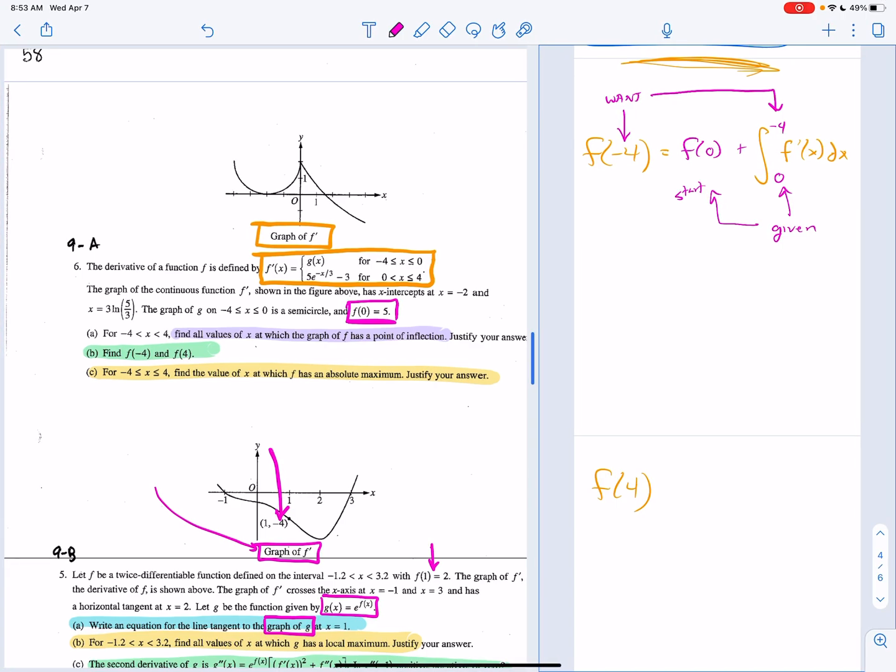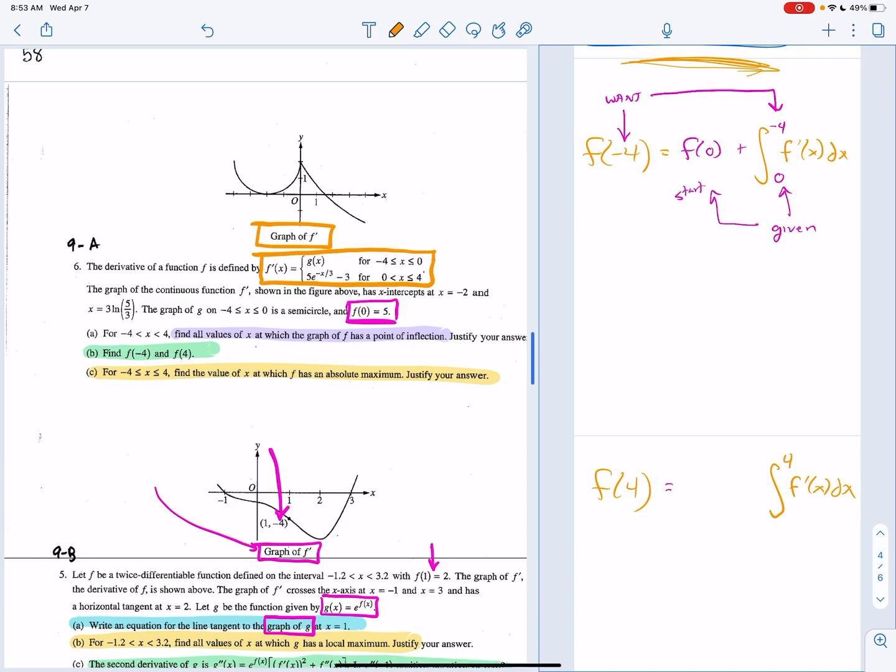So what I want you to do is practice here for f of 4. Think about how f of 4 would be set up before we actually take care of each. Okay, so again, it's the integral. We're going to integrate f prime of x. What I want is 4, so I'm going to put 4 at the top.